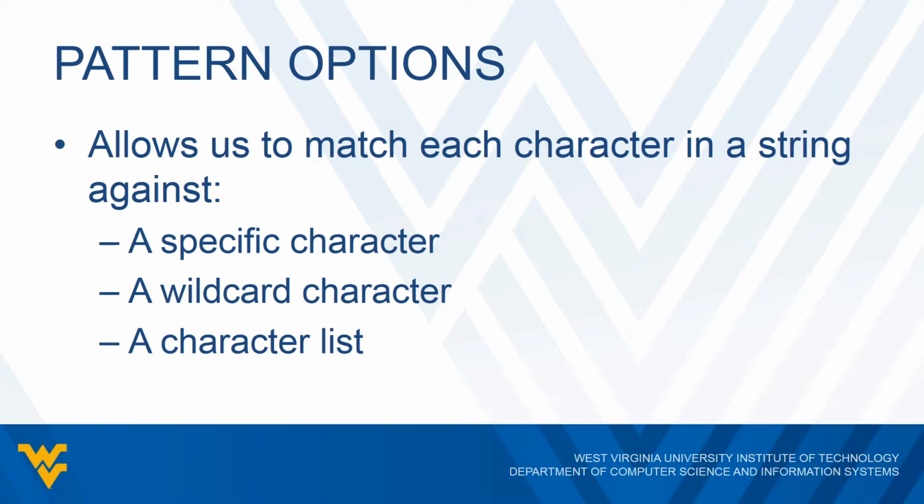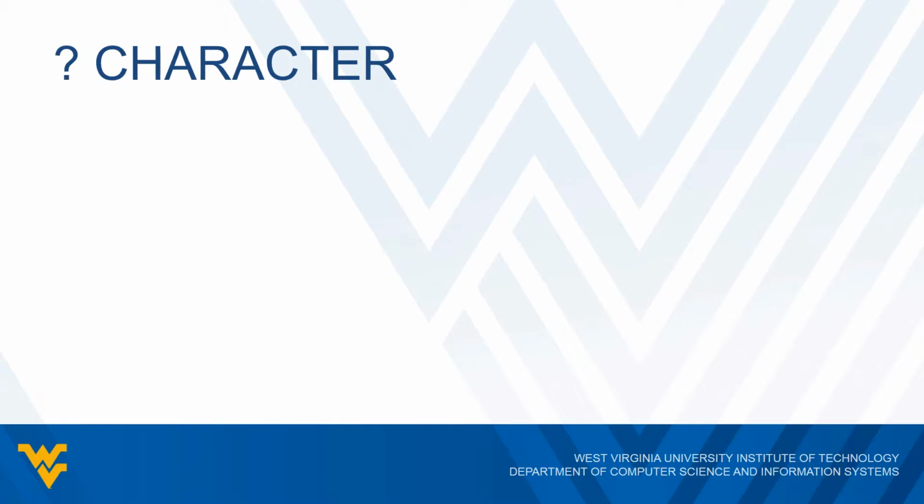This could be a possible set of characters that this particular spot could have. Or we can even have a character range, where we say, as long as this particular character is within a certain range of characters, then we have met that pattern. So we're going to be doing a lot of character by character comparisons to see if our string matches the given pattern.